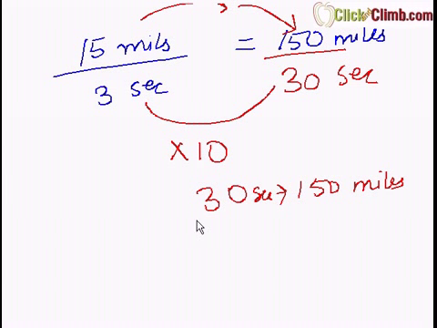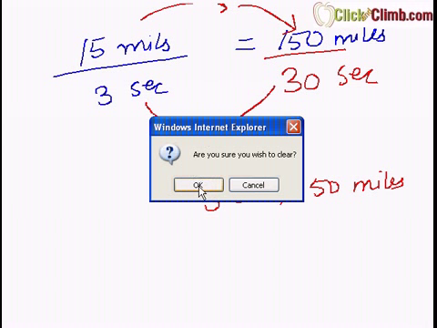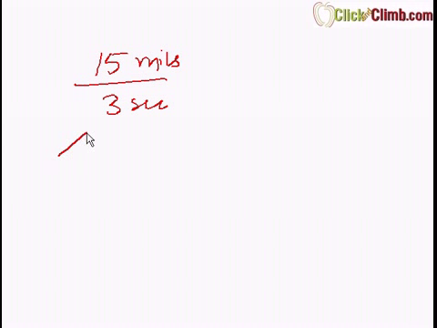Now let's take an example of a unit rate. Suppose the average speed of the station is, we're taking the same question, 15 miles per 3 seconds. Now we want to denote this as a unit rate. As there is 3 in the denominator, it is not a unit rate. The unit rate, as we've already discussed, has to have 1 in the denominator. So to make it 1, we divide the denominator by 3, so the denominator becomes 1 second.